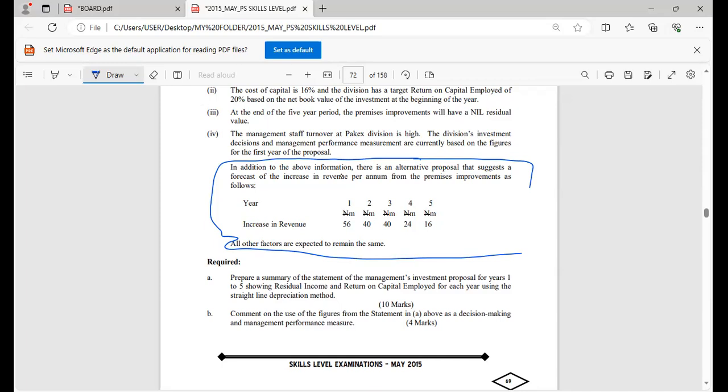There's an investment proposal, and there's an alternative. Which one were you told to calculate in A? The investment proposal, the real investment, not the alternative. Good.